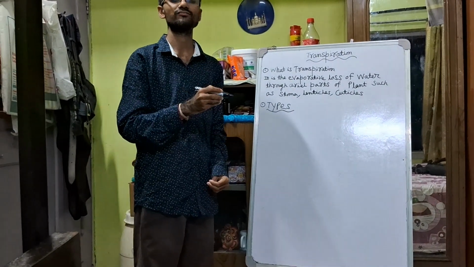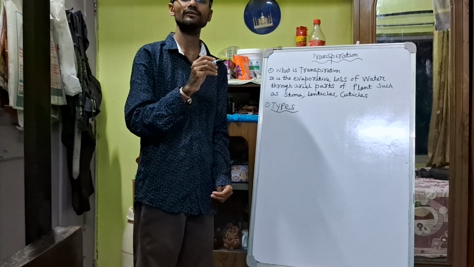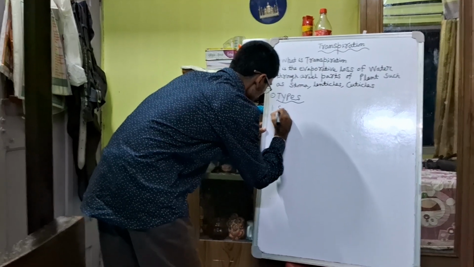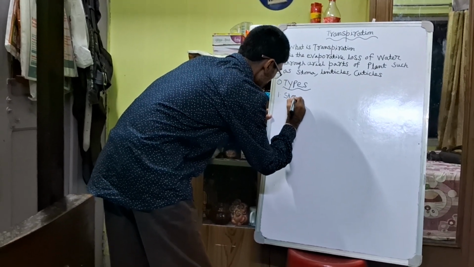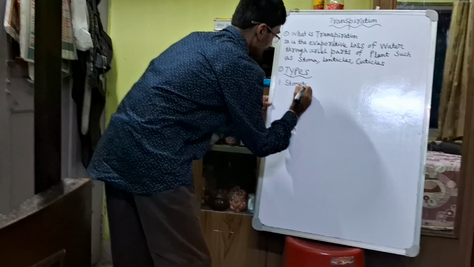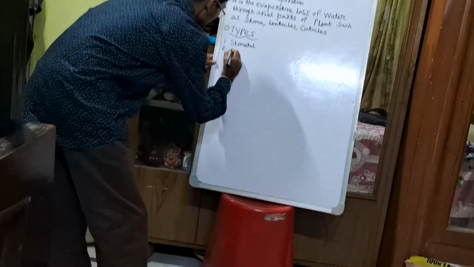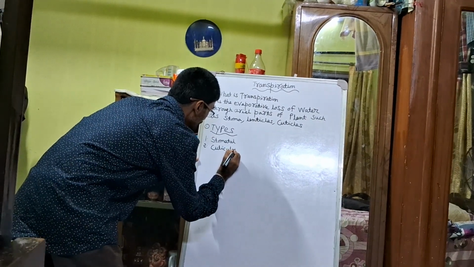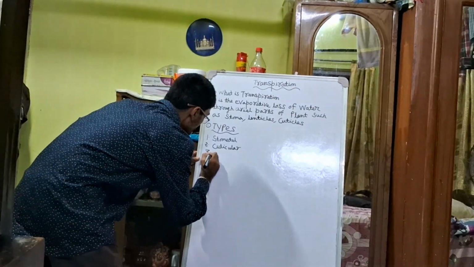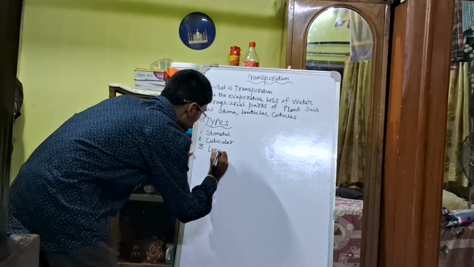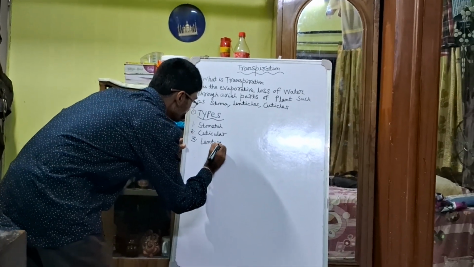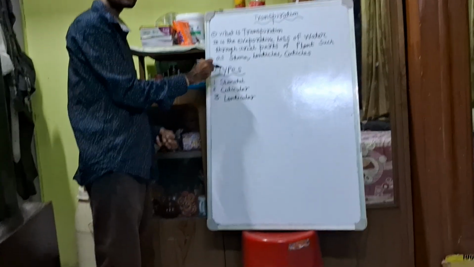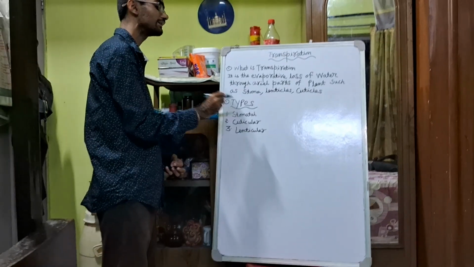There are three types of transpiration: stomatal transpiration, cuticular transpiration and lenticular transpiration.